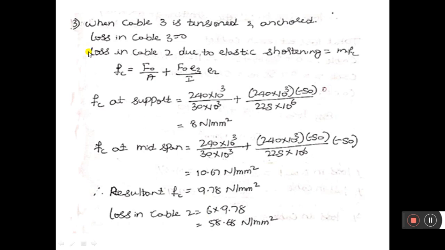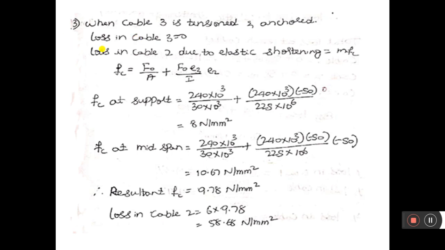Now coming to the next cable. When cable 3 is pulled and anchored, there is no loss in cable 3. So cable 3 will have zero loss, and cable 1 and 2 will suffer from loss due to elastic shortening. Now let us consider cable 2.